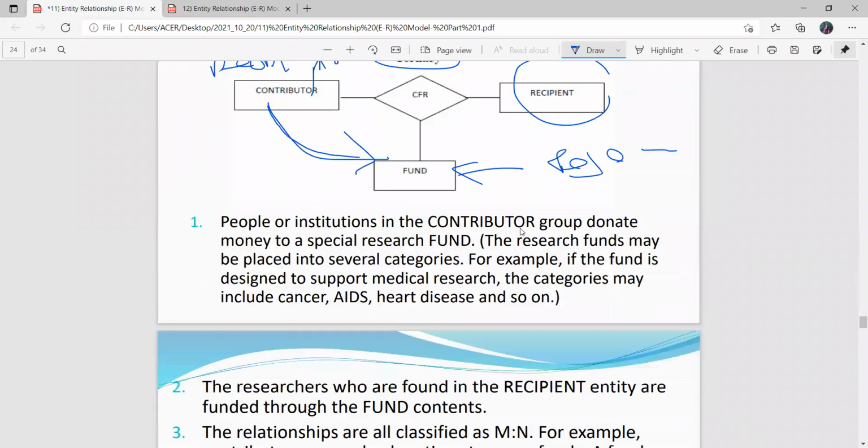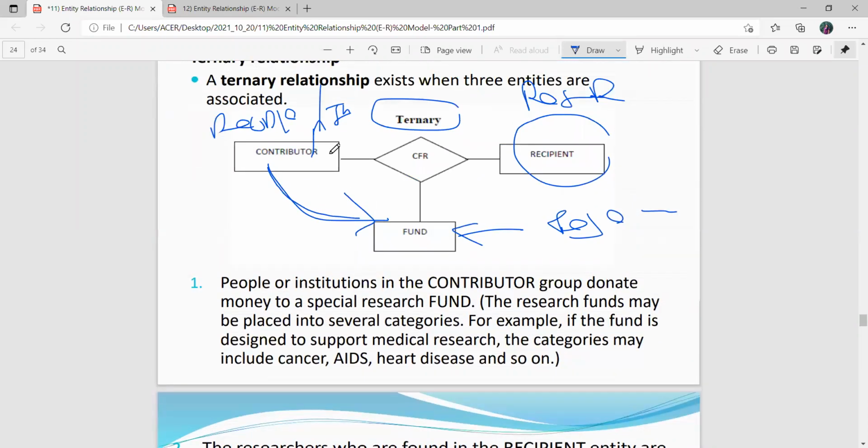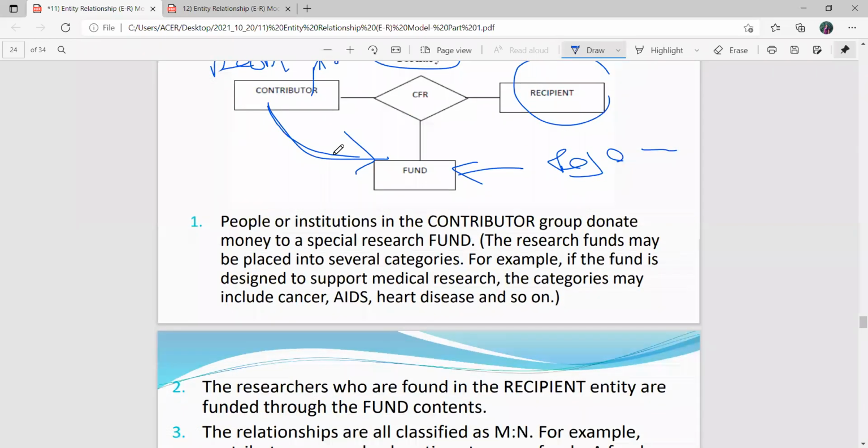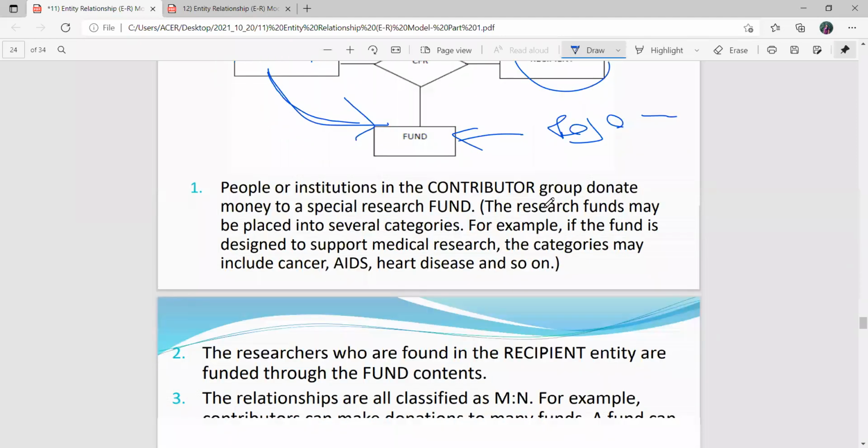In this case, you can see this is a multi-valued relationship, definitely an M2M, that means many-to-many relationship. One contributor can donate to many funds, and one researcher can receive donations from many funds. So this is a many-to-many relationship.